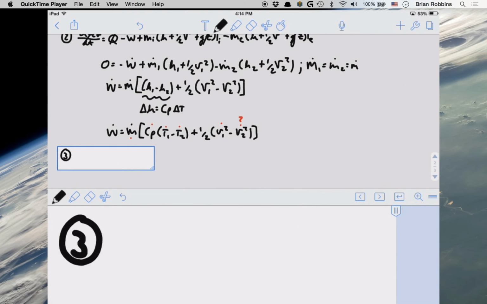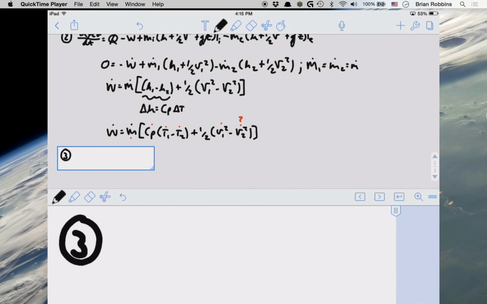So what is V2? How can we figure this out? Well, we can do this just by our mass flow rates. In step 1, we found by conservation of mass that the mass flow rate at both the inlet and the outlet have to be the same. Now we can utilize this piece of information to help us calculate what the velocity at the outlet has to be, because we are given not only the temperature and the pressure to find the density at the outlet, but we're also given the area.